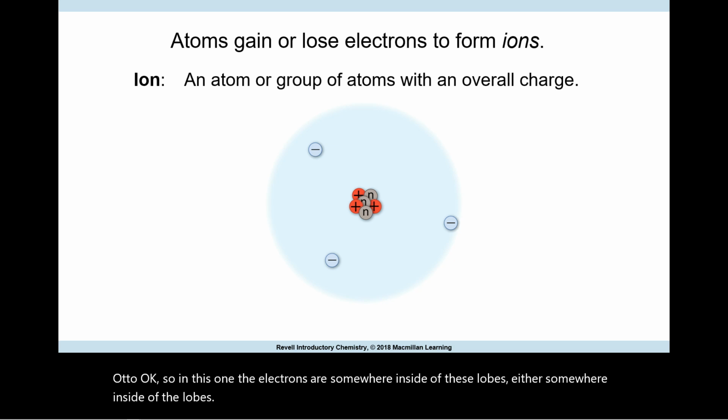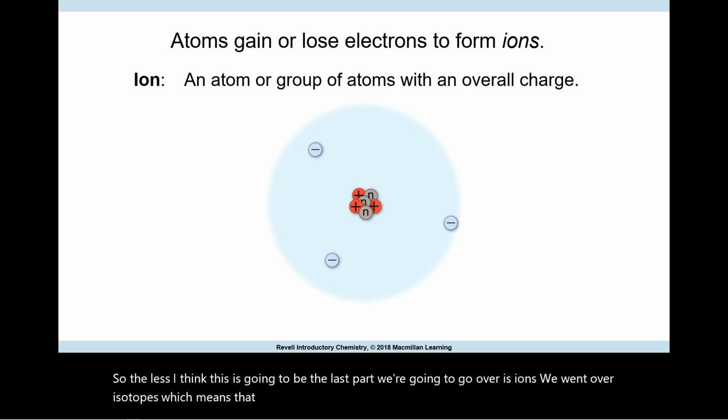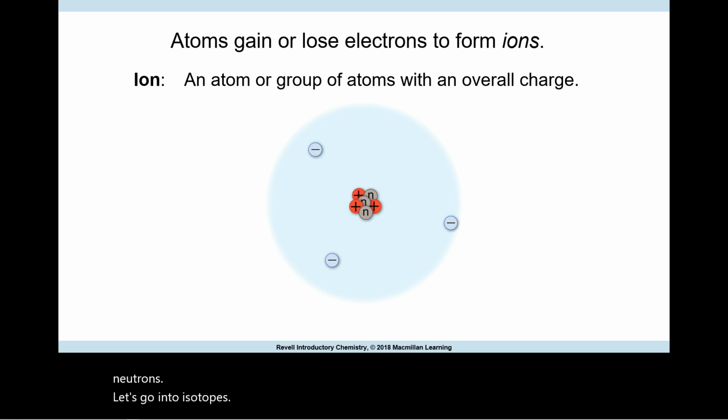I think this is going to be the last part we go over: ions. We went over isotopes, which means an atom with the same number of protons but different neutrons. Now let's go into ions. Ions: an atom or group of atoms with an overall charge.